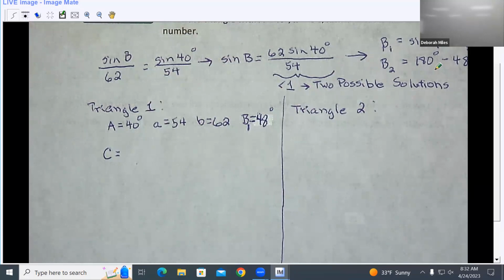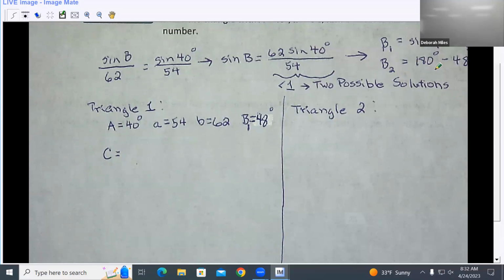That is the distributive property of real numbers. You're just subtracting both. The reason I'm saying that's the distributive property, you're saying 40 plus 48 subtracted from 180.